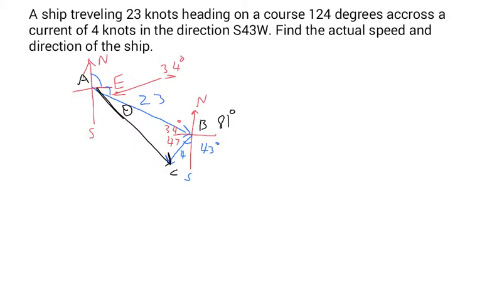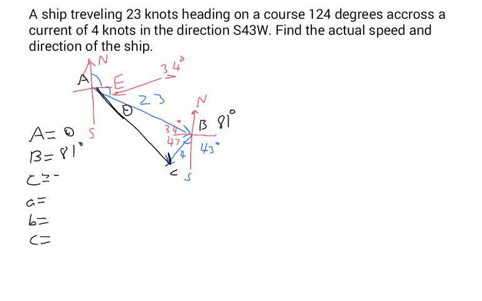Looking at this, we're going to be using the sine rule and the cosine rule. So let's have a look at what we have. We've got A, B, C, just to get an idea of where we need to start. A is theta. B is 81 degrees.